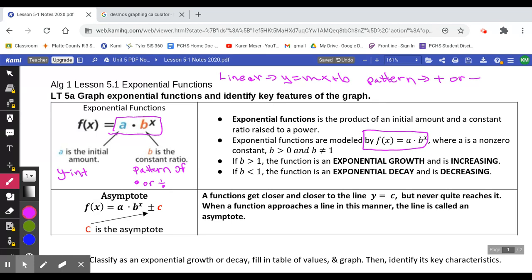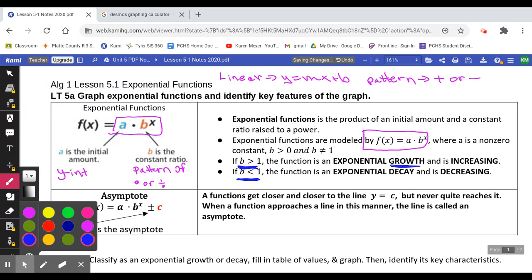Now, the last two bullets are important because we are going to ask you to be able to look at problems and tell me whether it's an exponential growth or an exponential decay. So how do we tell the difference? You're going to look at the letter B in the formula. If B is greater than 1, it is a growth.